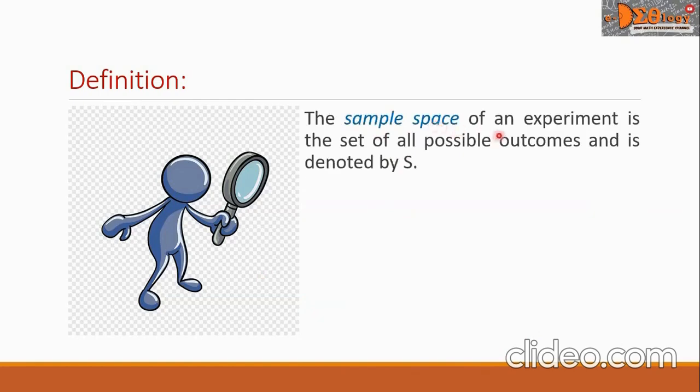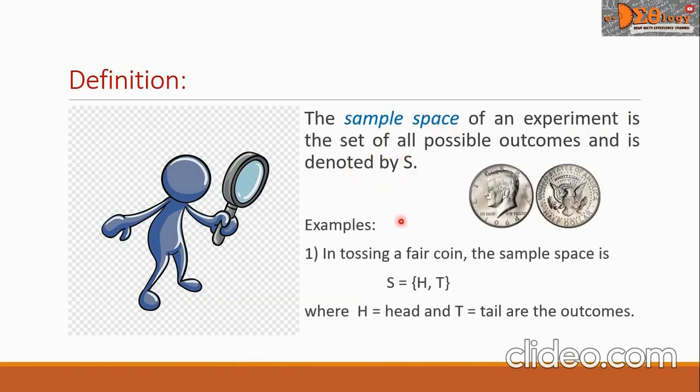The sample space of an experiment is the set of all possible outcomes and is denoted by S. Examples: number 1. In tossing a fair coin, the sample space is S equals H and T, where H equals head and T equals tail are the outcomes.